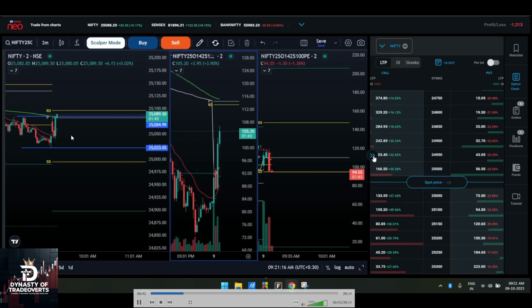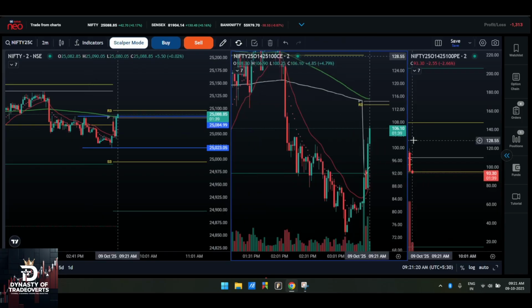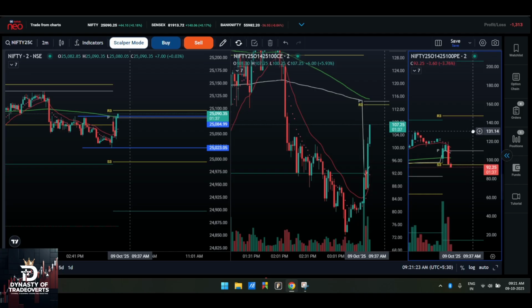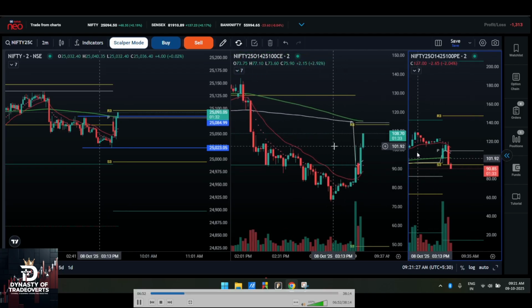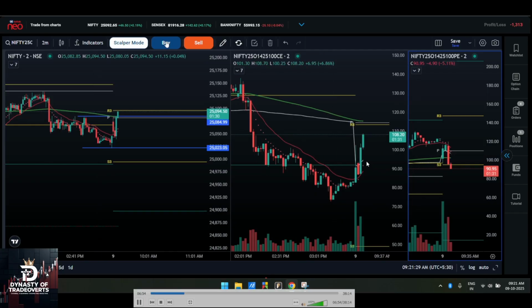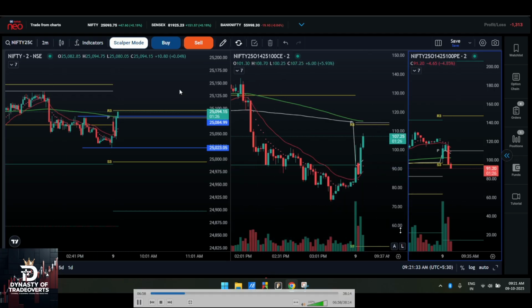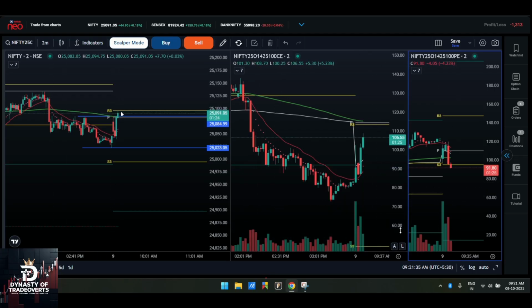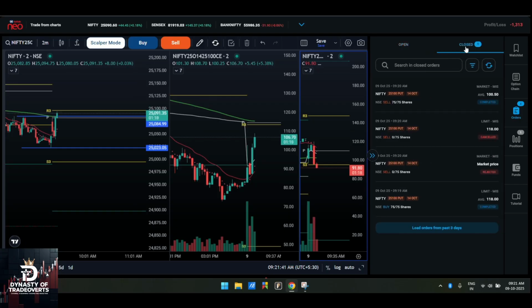I see big candles on the call side, so I want to take a call side trade. My PE trade did not work, so immediately I'm jumping to the CE side. But I see an R3 rejection coming up, so I'm hoping maybe it will get rejected from R3, so I decided to wait a bit more.